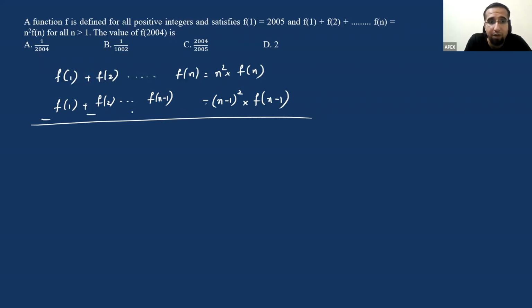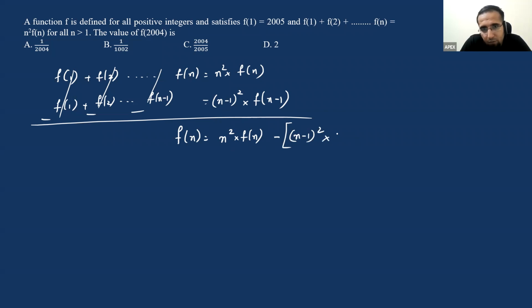When you subtract them, you cancel all this part till here. So what do I have? I have f of n is equal to n square into f of n minus n minus 1 whole square into f of n minus 1. Now let's take minus on this side, plus on this side.